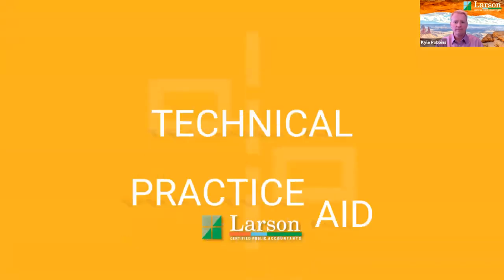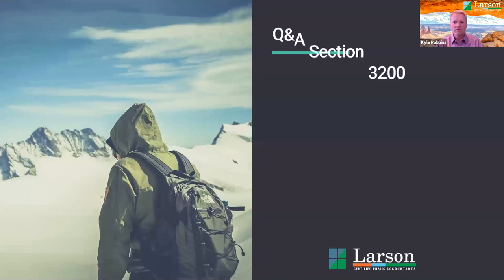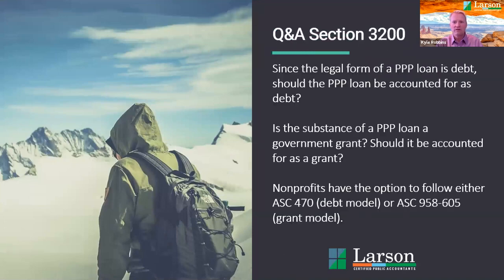So first of all, the technical practice aid that has come out. In the Q&A section 3200, it covers this. And the question is, for nonprofits, the legal form of a PPP loan is debt. It's a debt agreement, note payable. So the question is, should the PPP loan be accounted for as debt?